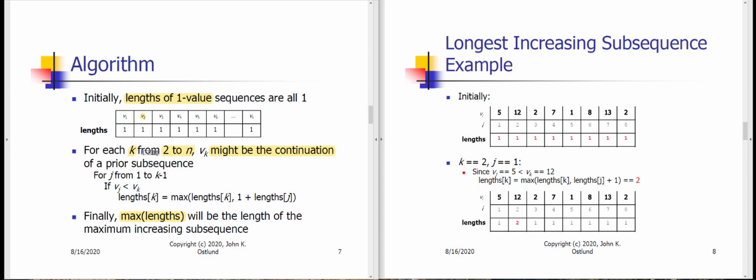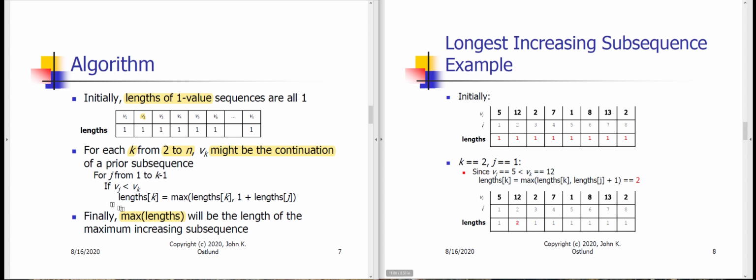And as we change the value of k, moving forward through this array, we're going to have an inner loop counting from 1 up to but not including k, and doing this comparison. All right, so k is 2, j is 1, and we ask whether v sub j, which is v sub 1, which is 5, how does that relate to v sub 2, that is v sub k? Well, 5 is less than 12.